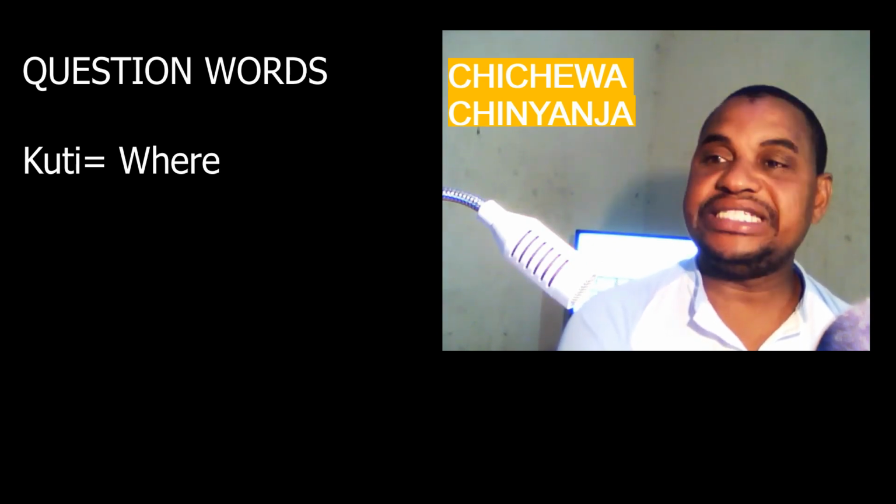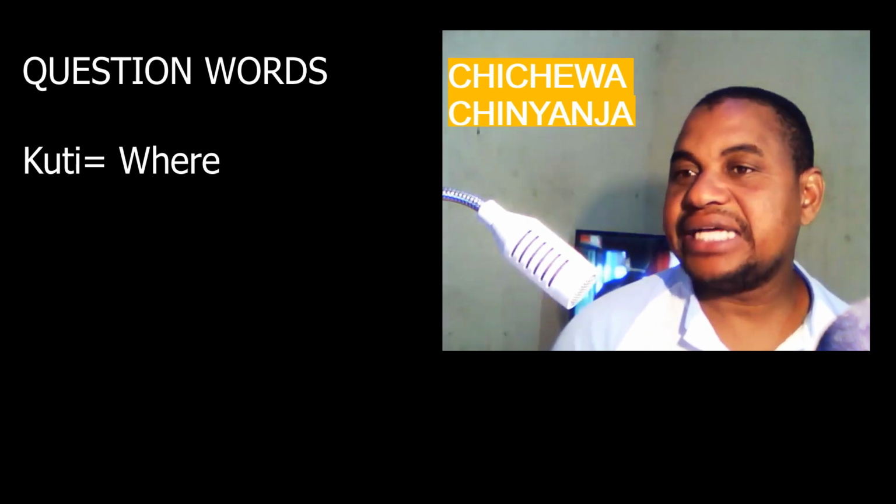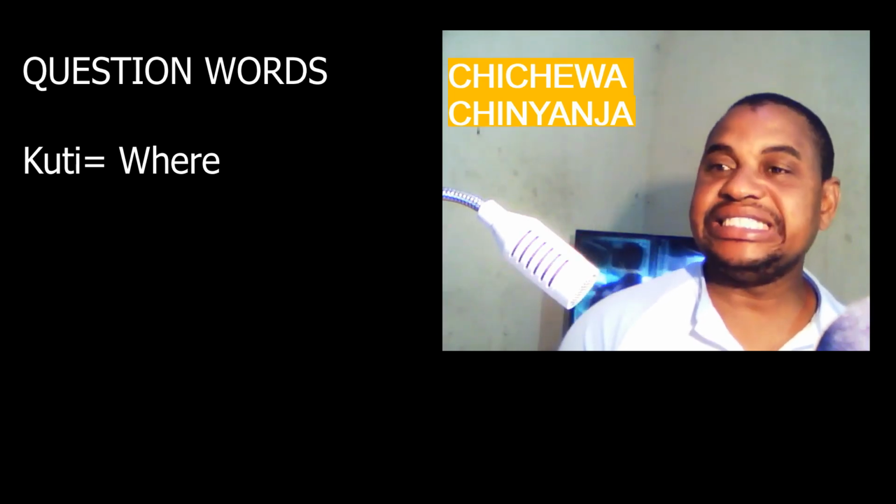So kuti means where. Right? Kuti, where? In other languages like Shona, Ndebele, Zulu, Xhosa, they don't say kuti, they say kupi. So it's different, but you don't have to worry about that. Just know that in Chichewa we don't say P, but you say T, kuti.